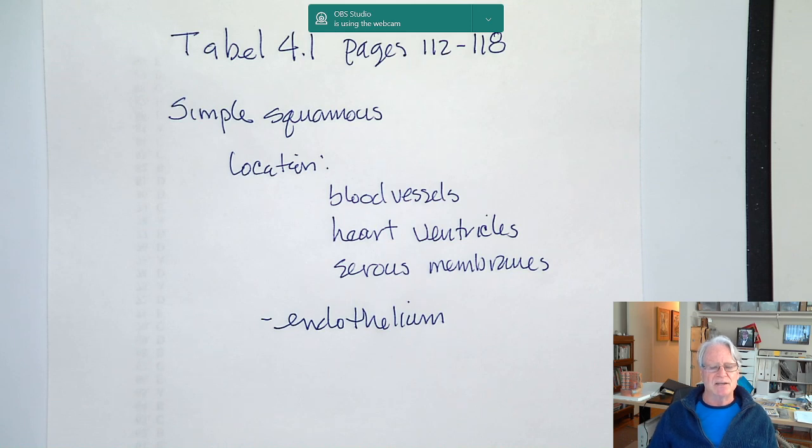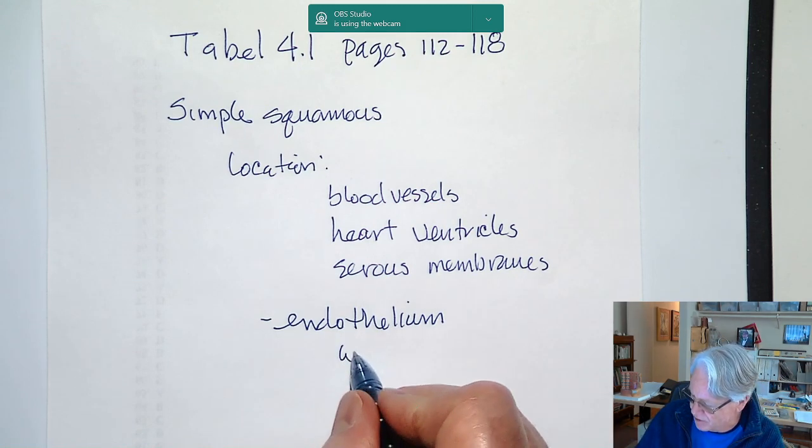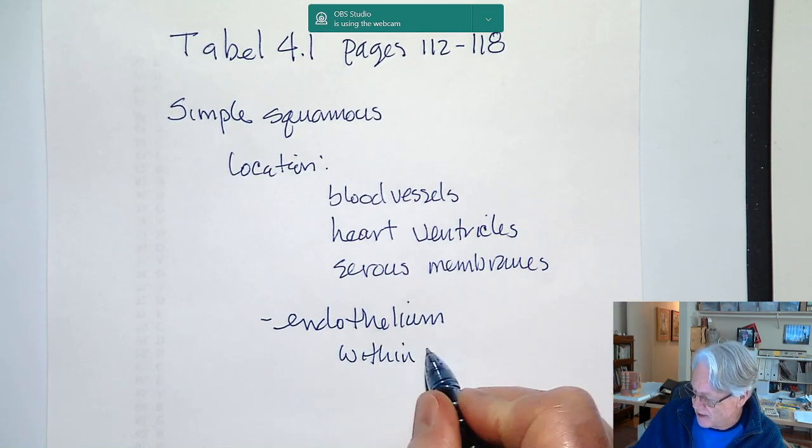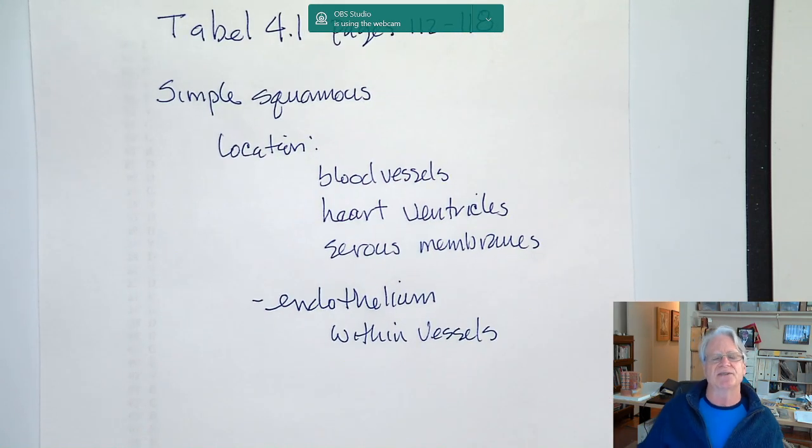So this kind of word usage that I'm about to talk about is most often connected to simple squamous epithelium, which is why I'm talking about it here. So endothelium is found within blood vessels. So this is within vessels. And the best example of that is lining a blood vessel.